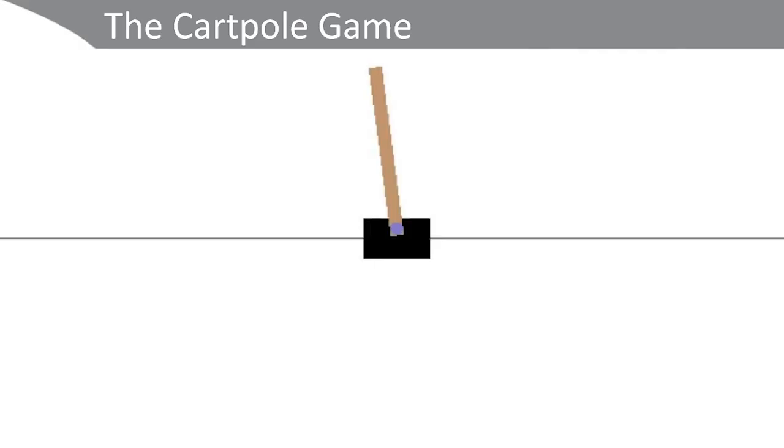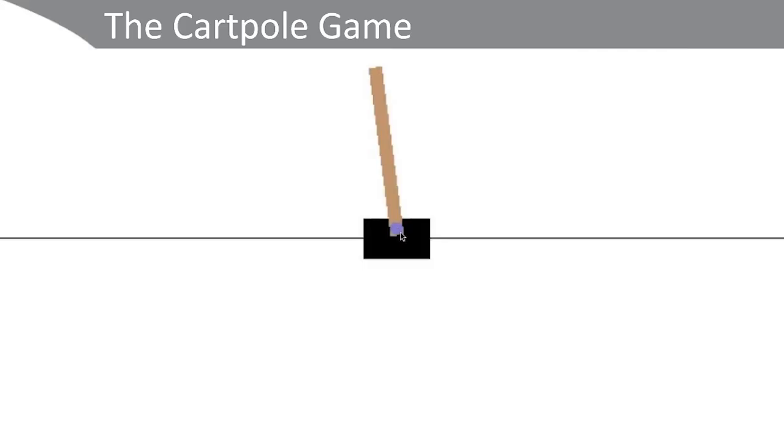So the Cartpole game is really simple. It involves this cart moving in one dimension back and forth on this line. And this cart is supporting a pole. They're connected at this blue dot. I'll show it in action in a moment.